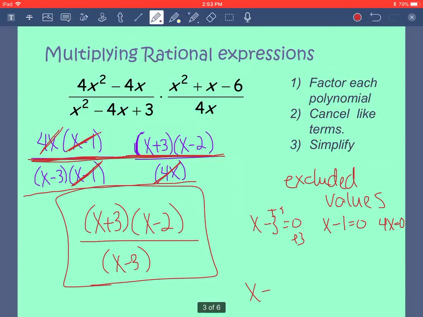So x should never equal 3. I'm going to add 1. So x should also never equal positive 1. And 4x equals 0 divided by 4, so x should also never equal 0. So I have three excluded values of 3, 1, and 0. And I simplify to be x plus 3 times x minus 2 over x minus 3.